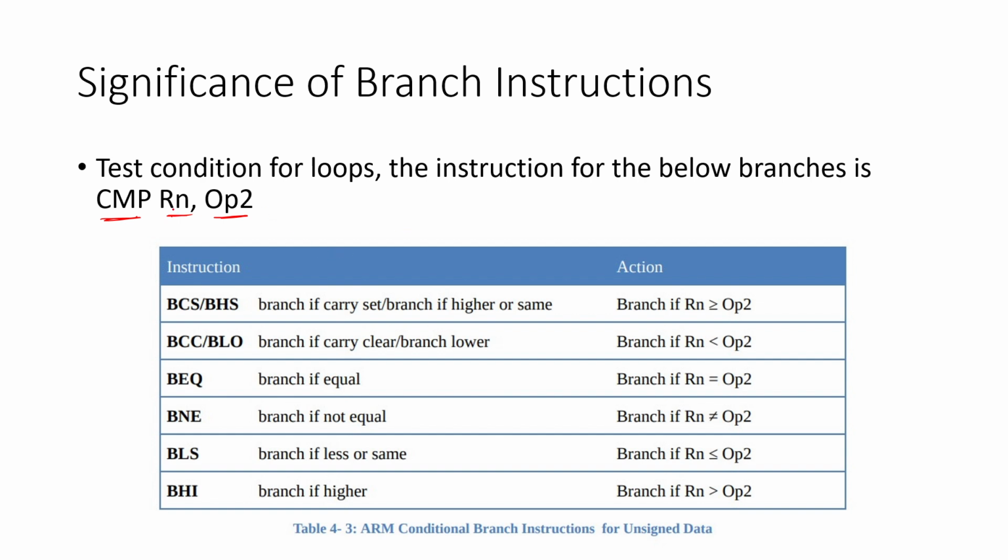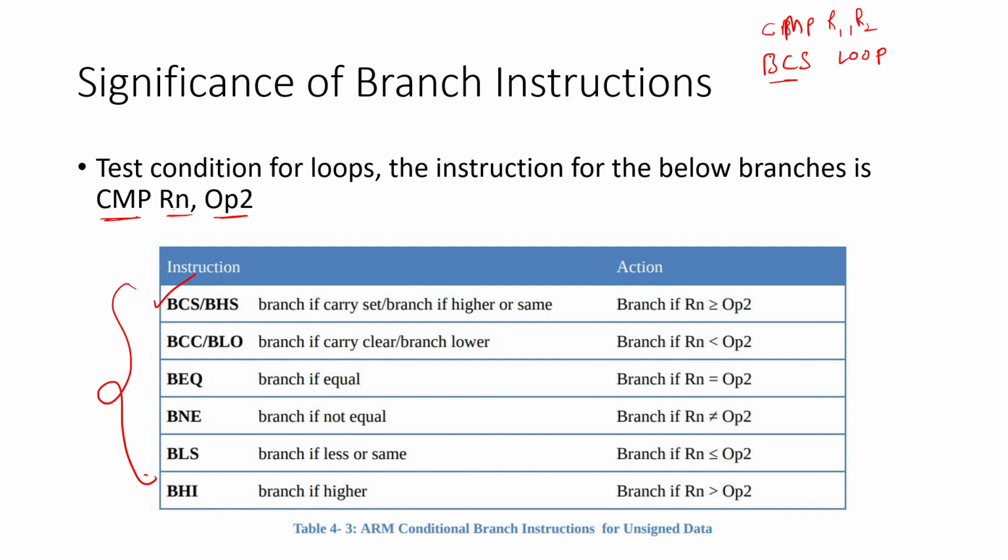If you are taking two numbers and comparing them, based on the result of the comparison, we have several branching instructions. We have BCS, which means if the first operand is greater than the second operand, this branching takes place. For example, if I write BCS loop, before writing this I have to compulsorily write CMP R1 comma R2 or any register, so that whatever flags are affected will be used in the BCS instruction.